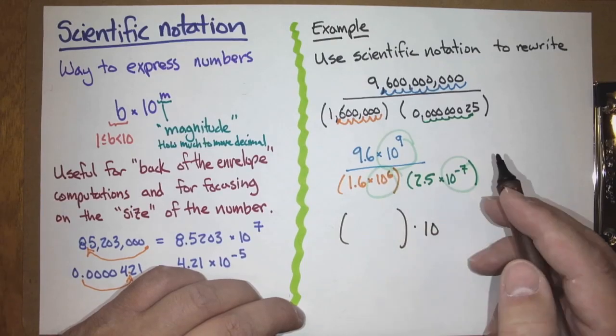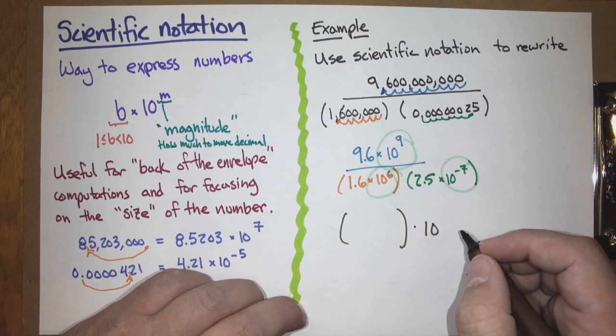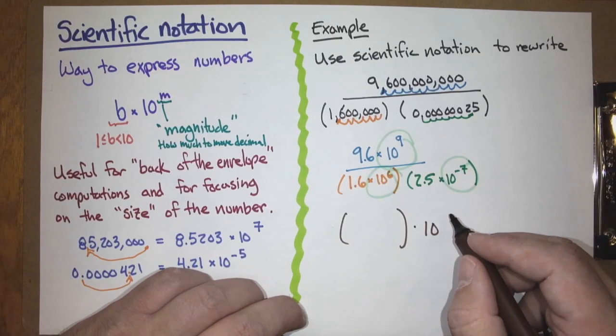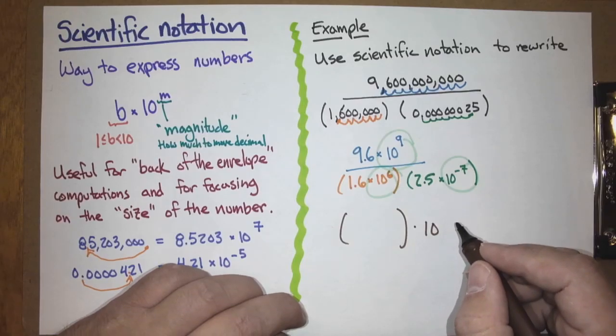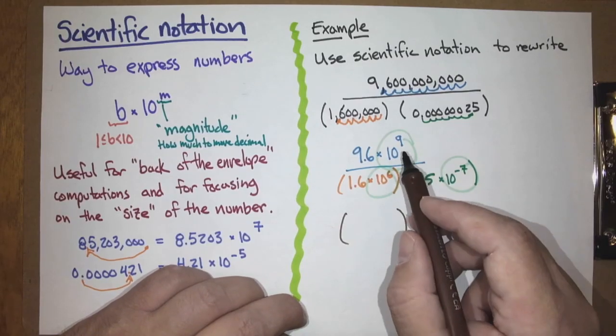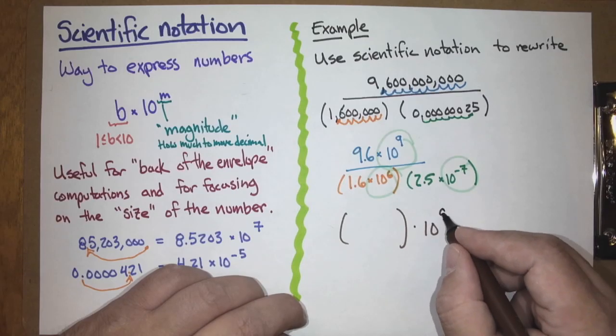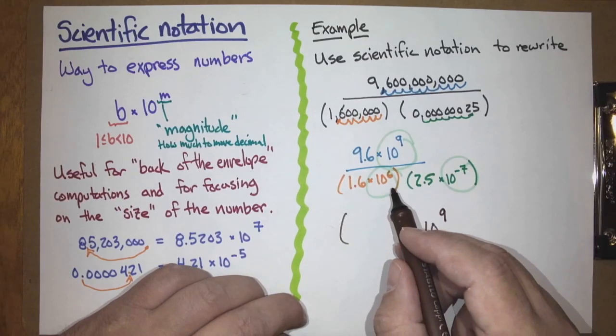Now, how do we find the new power? What's the procedure? We subtract the bottom from the top. Yeah, so things that are upstairs become added. Things that are downstairs get subtracted.